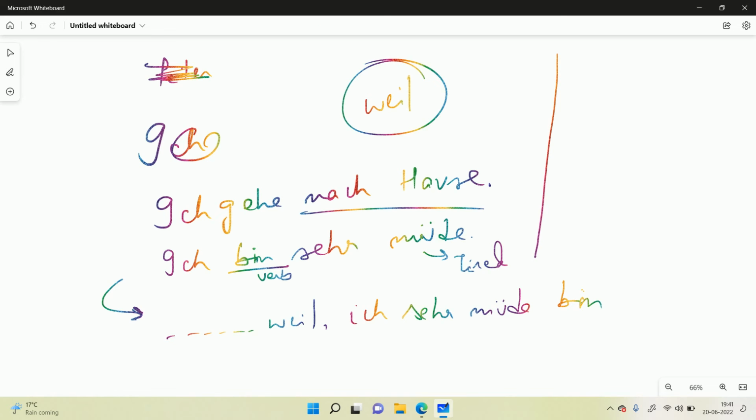Right? So the verb will be at the end, and ich is the subject, and the rest of it will be object. Sehr müde is object. That is the main body of the sentence, right? So it will be something like Ich gehe nach Hause, weil ich sehr müde bin, right?